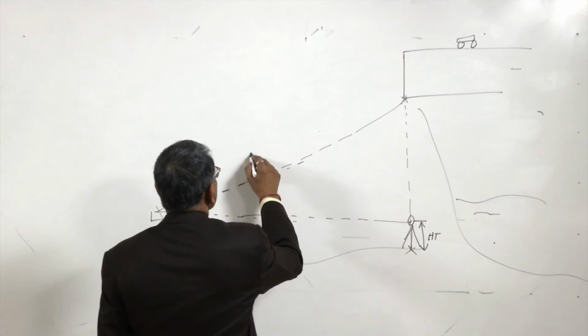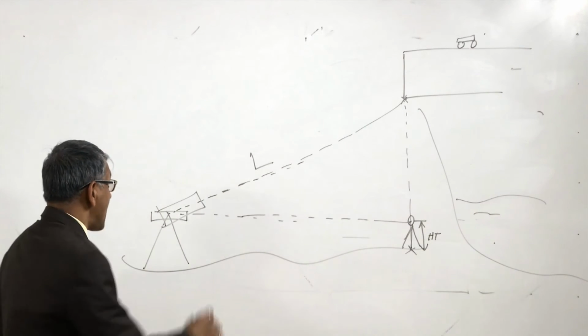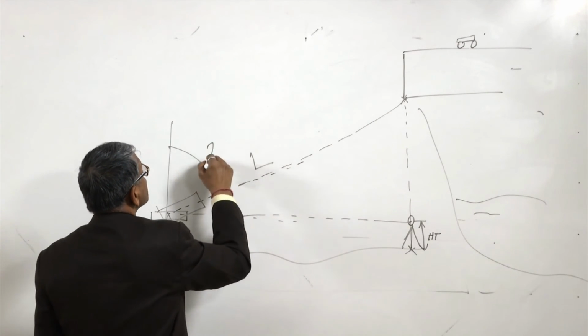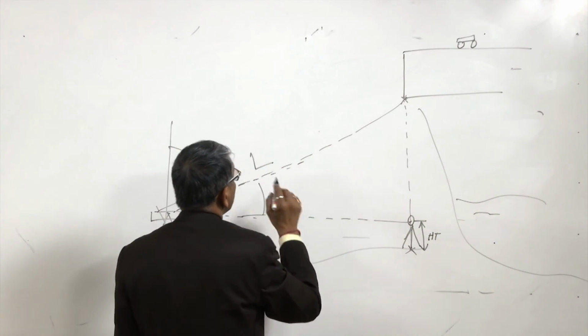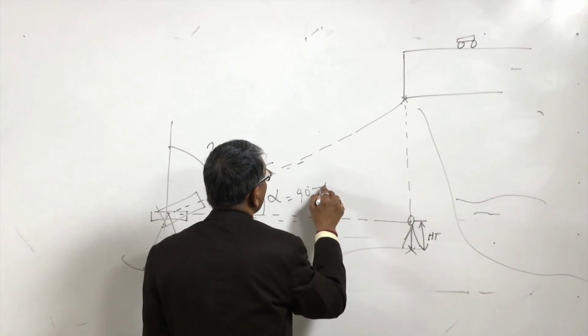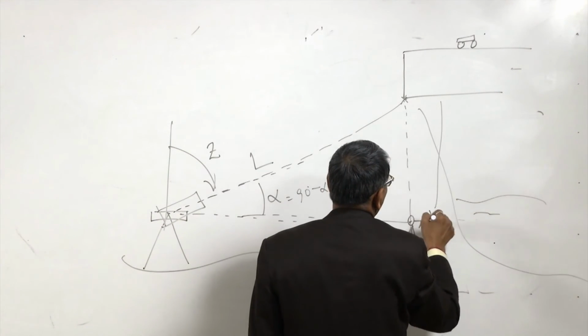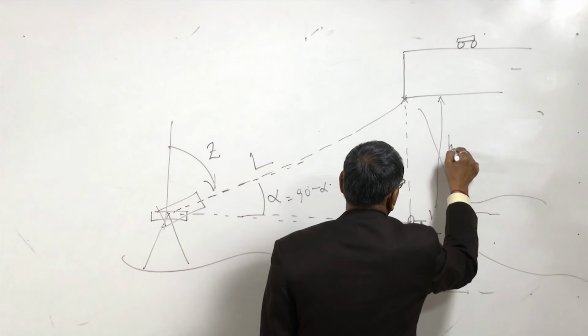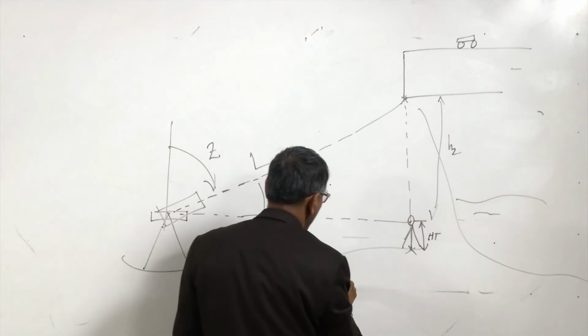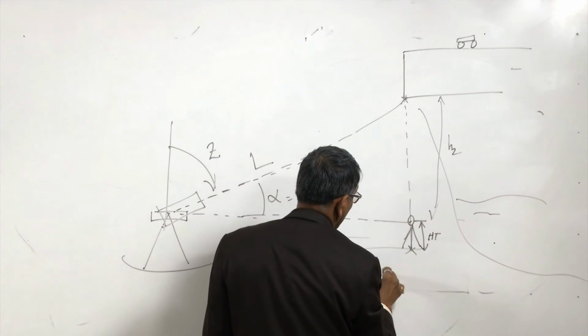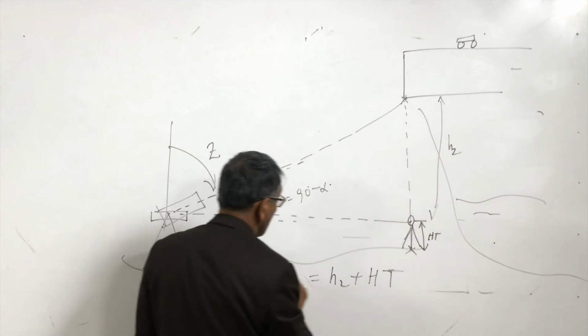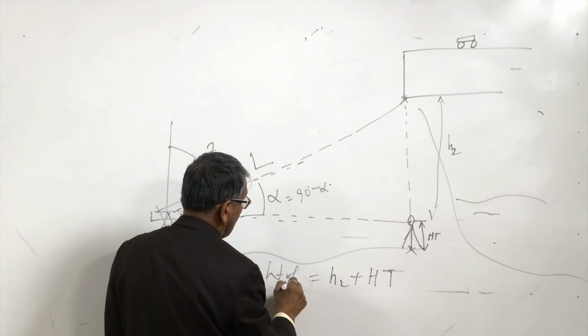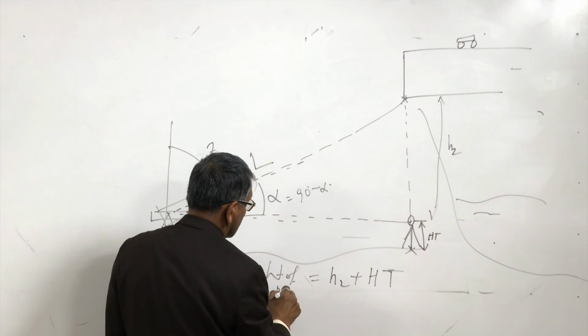Now this is the slope distance, and from the zenith angle, altitude equal to 90 degree minus alpha, we will be able to compute h2, and then h2 plus height of the target will give you the height of the inaccessible point.